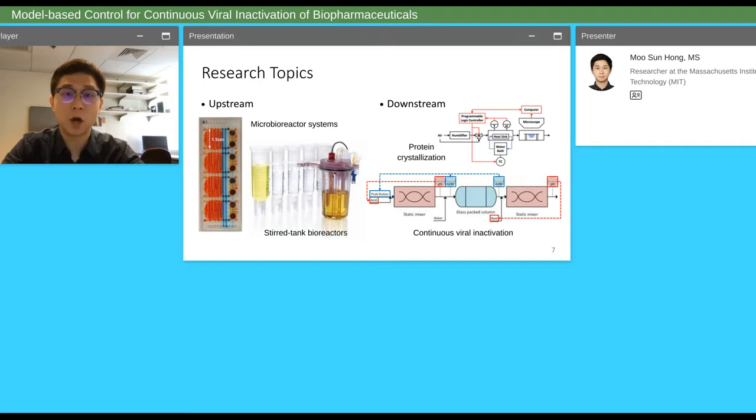These systems were optimally designed and controlled based on mechanistic mathematical models. In addition, I'm combining these experimentally validated unit operations into a plant-wide dynamic model. This integrated plant-wide model would be able to map the raw materials and operations to the product quality attributes anywhere in the system. In the interest of time, for today's talk, I'll be presenting the work on the continuous viral inactivation system.